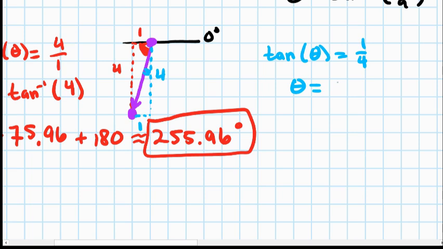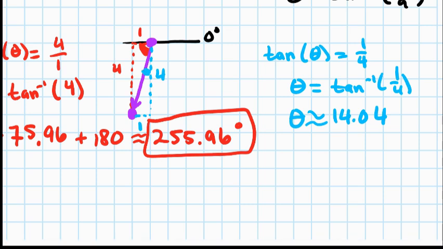I use the inverse tangent here of 1/4, which is 1 divided by 4, about 14.04. And I've got this angle here, that's great.